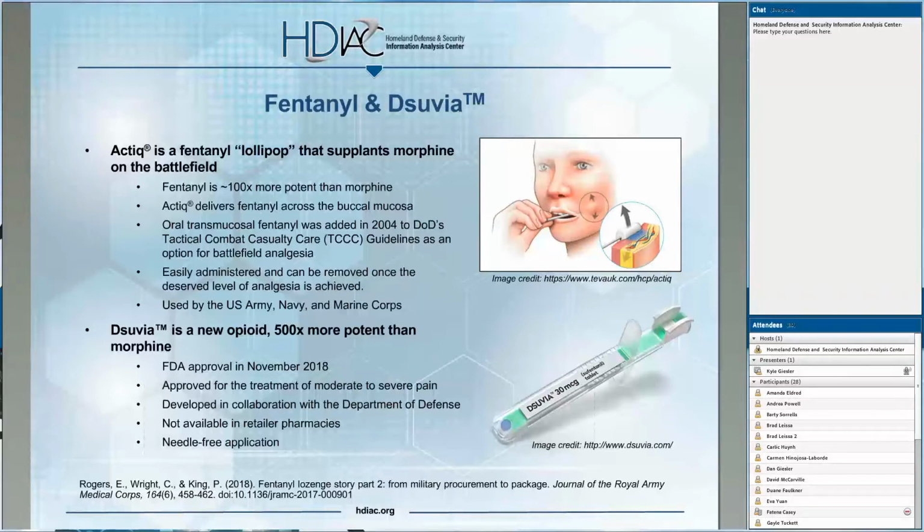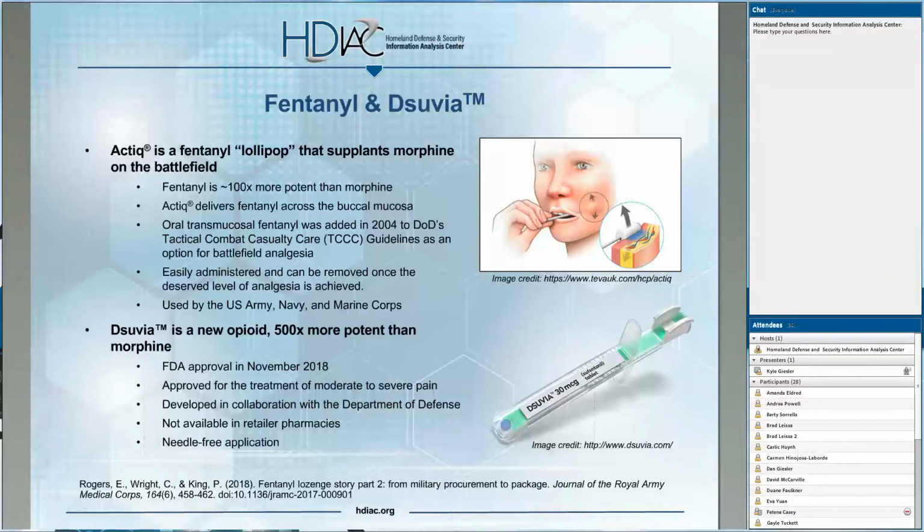But sometimes fentanyl citrate is not appropriate, and sometimes a higher degree of analgesia is required. And in 2018, the FDA approved Dsuvia, which is another synthetic opioid with about 500-fold more potency than that of morphine itself. This is approved for the treatment of moderate to severe pain. And this is unlike fentanyl, or the Actiq lozenge lollipops, if you will.